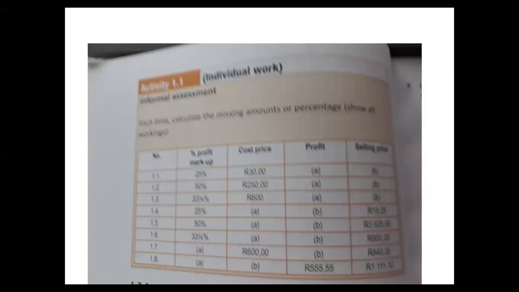So you're going to multiply it with 150 divided by 100, and that gives you 375 Rand. So that's your selling price, 375. And then you take the 375 minus the cost price of 250, and then you will get the profit amount of 125 Rand.